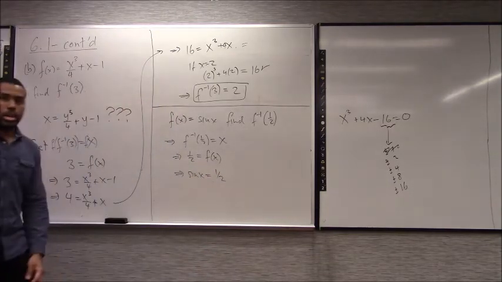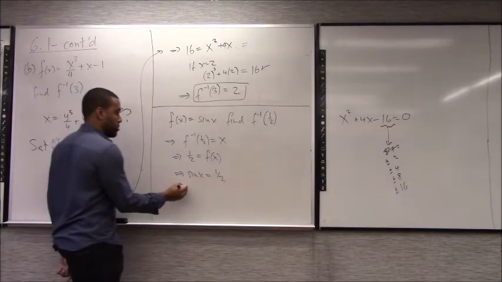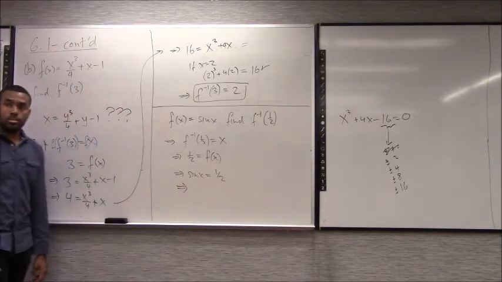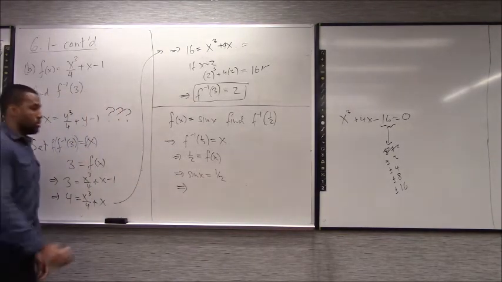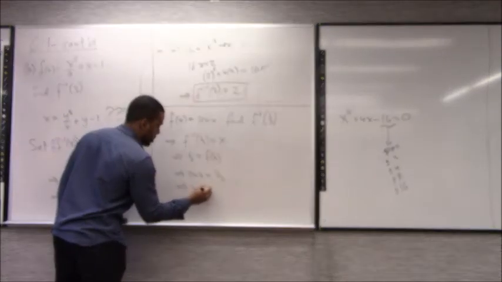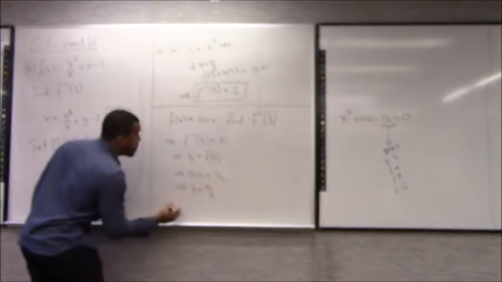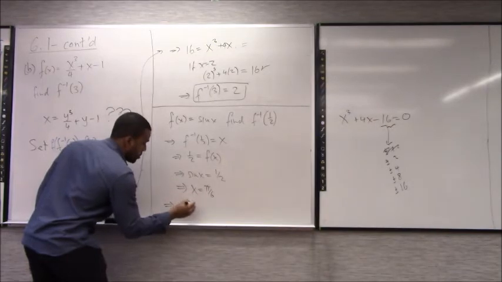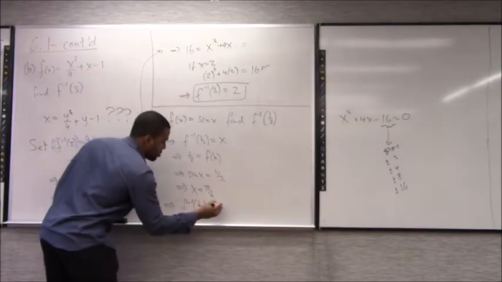Where is sine equal to a half? Pi over 6. f inverse of 1/2 equals pi over 6.